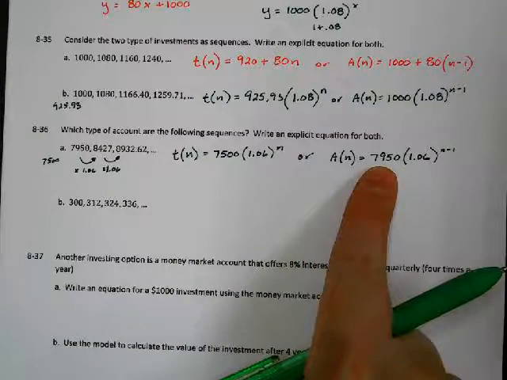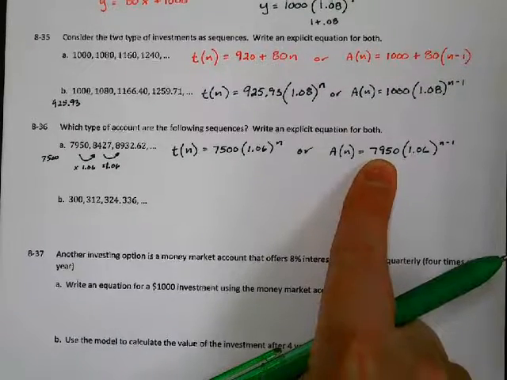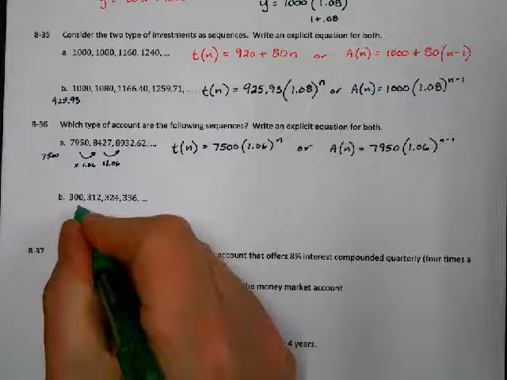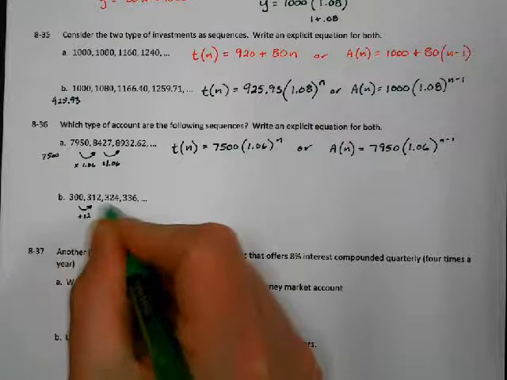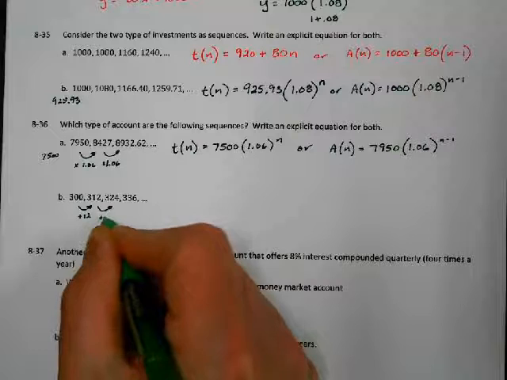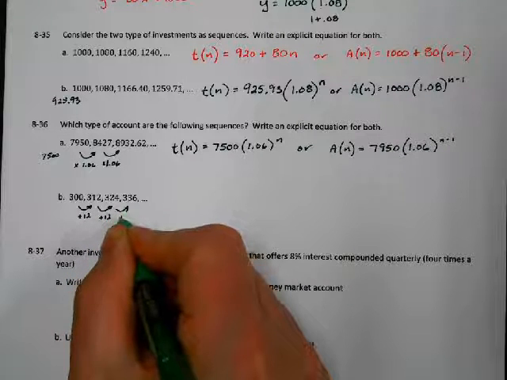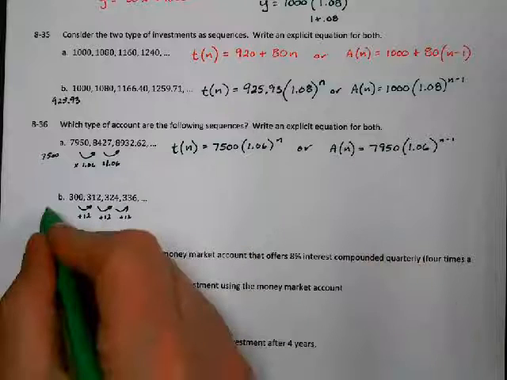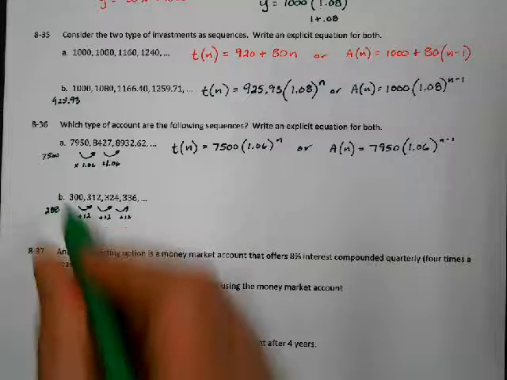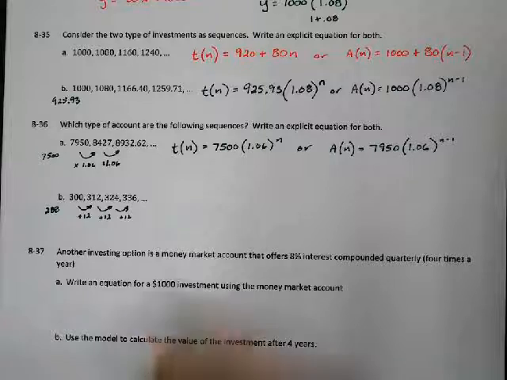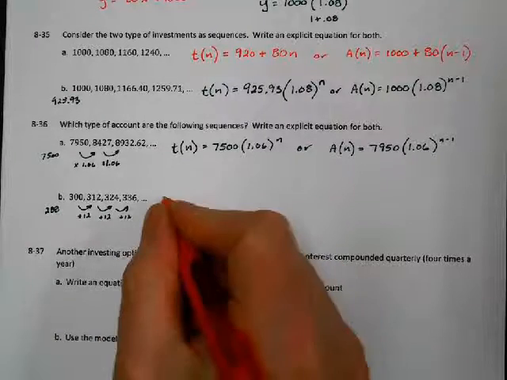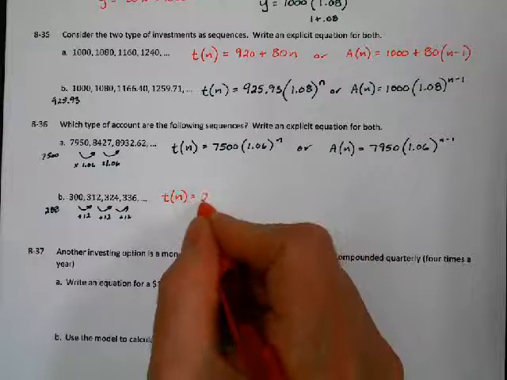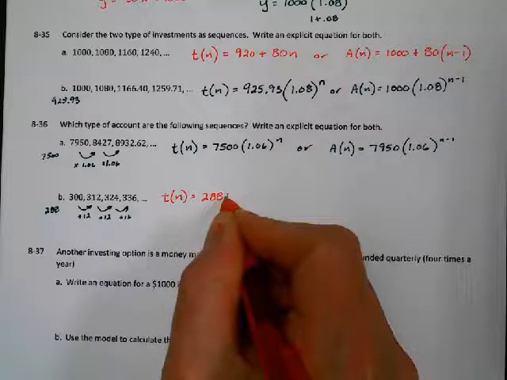This next one looks like they're adding 12 each time. So that would be a situation where it would be arithmetic for the sequence. So if we subtract 12 going the other way, we get 288. So the 0th term would be 288. So on this one, we would get T of n equals 288 plus 12n for each term.